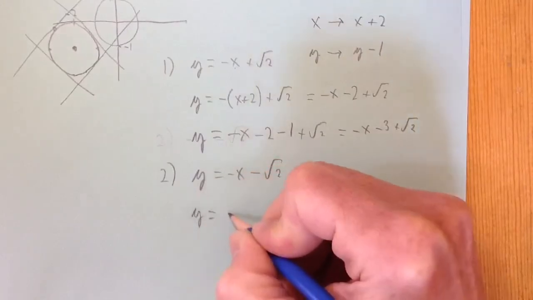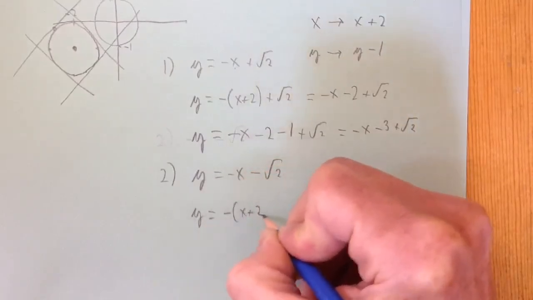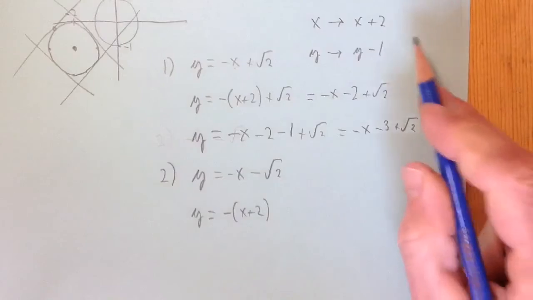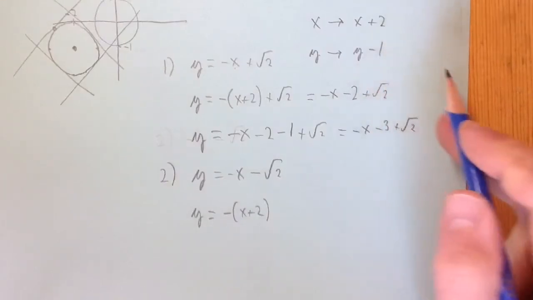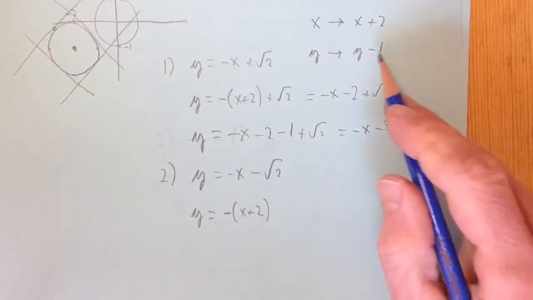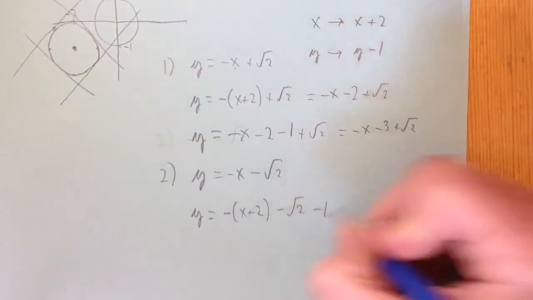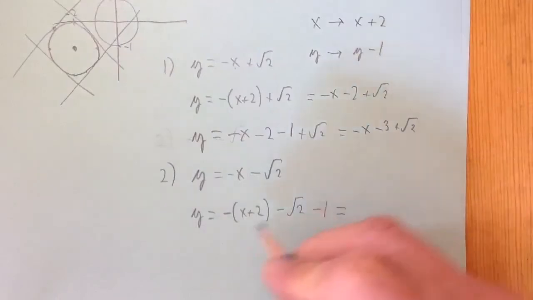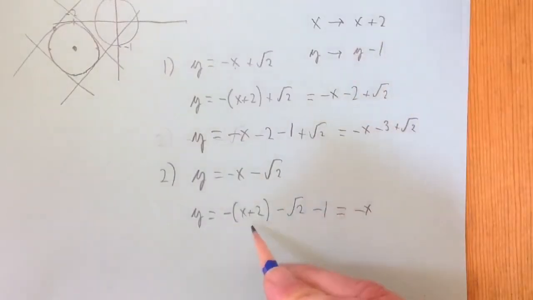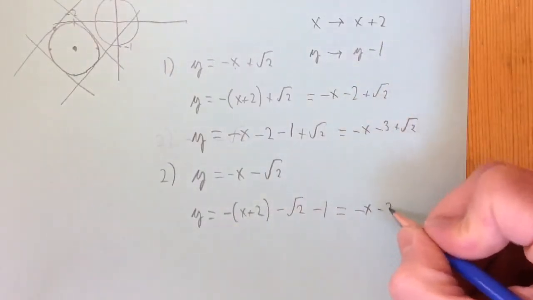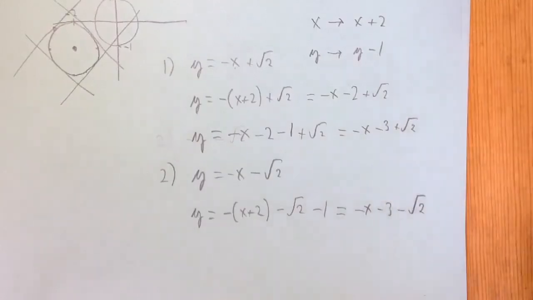So y equals -x plus 2. And we can also just take away 1 from it right away. So it was minus root 2 minus 1. And let's see, that's -x minus 2 minus 1, so minus 3 minus root 2.